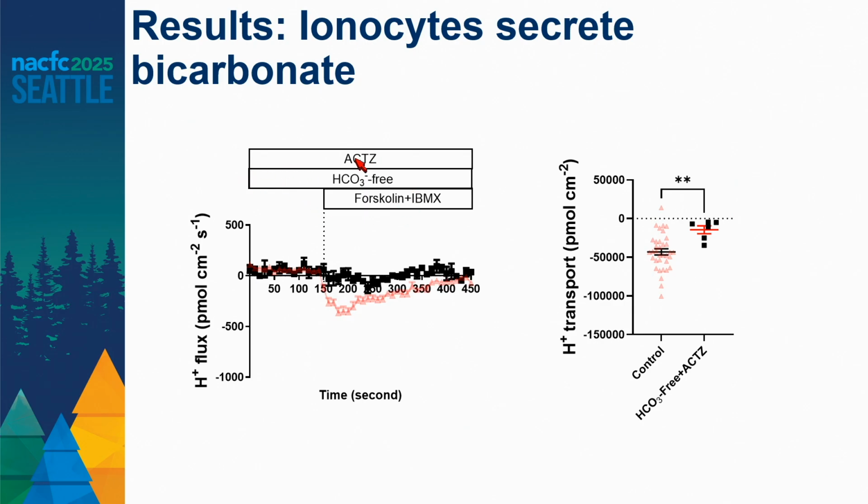Also, we remove the bicarbonate ion in the bath solution. And removing all the bicarbonate ion actually blocks the activity of the ionocyte. And we quantified it with area under the curve. So our result indicates that the ionocyte actually secretes bicarbonate to modify the ASL pH.